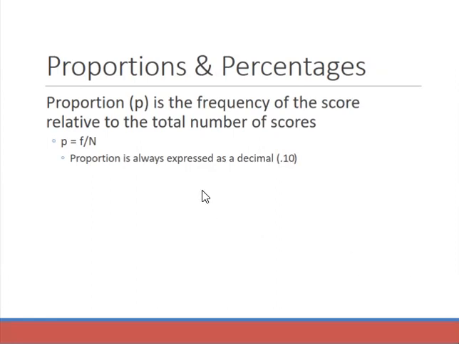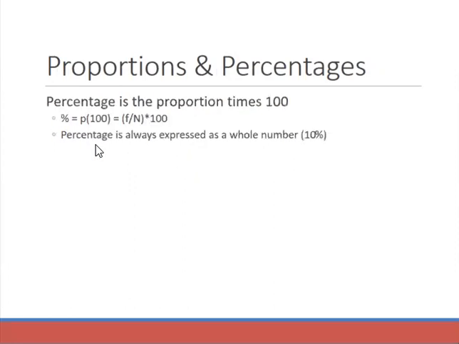The proportion equals the frequency of a given score divided by n, which is the total number of people in your study. The proportion is always expressed as a decimal. Remember that n is the sum of all your frequencies because n is the total number. And we'll do examples of this in class.